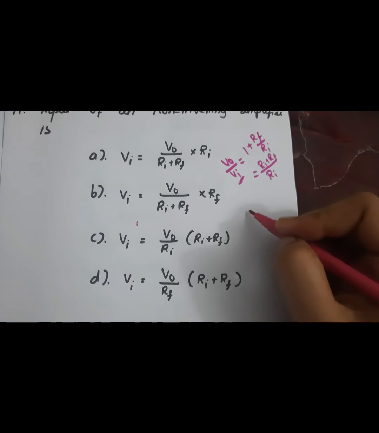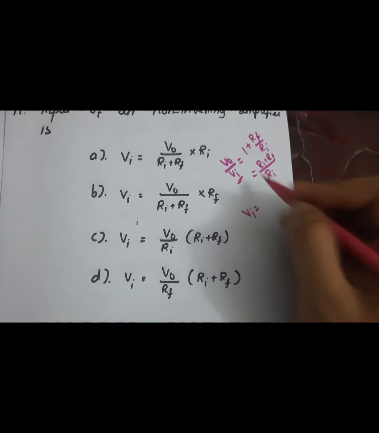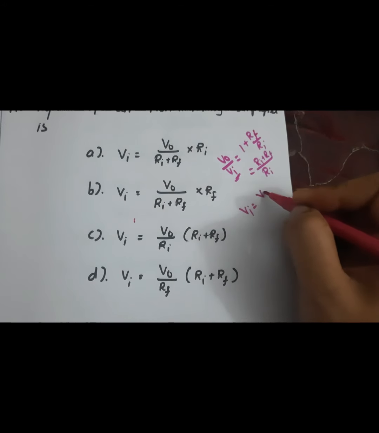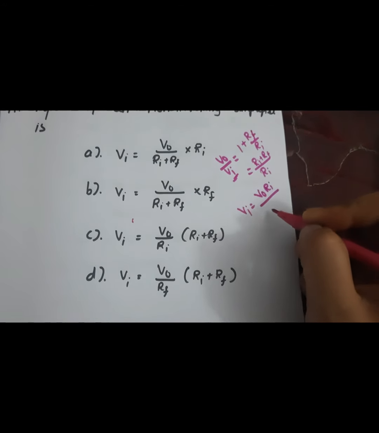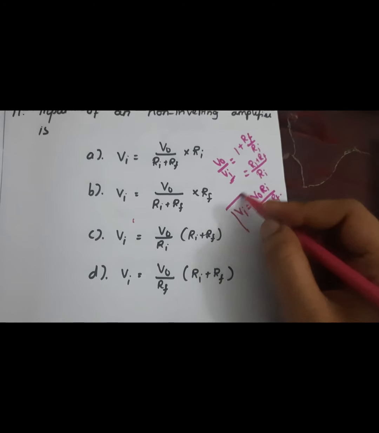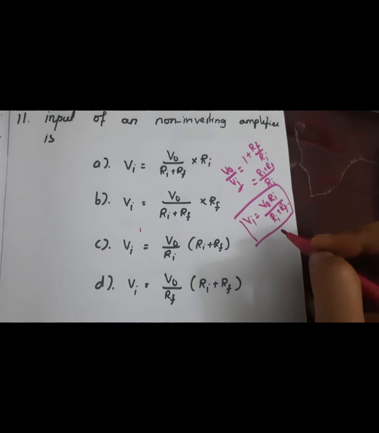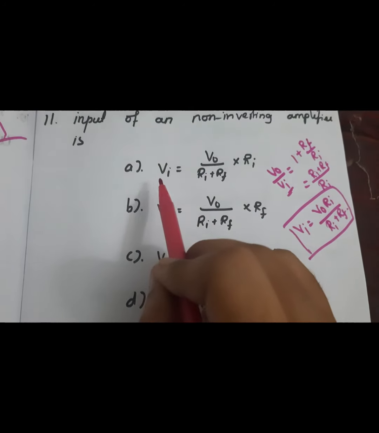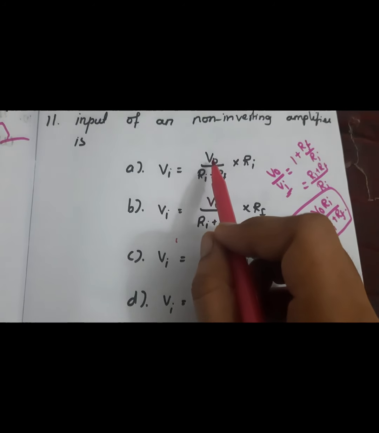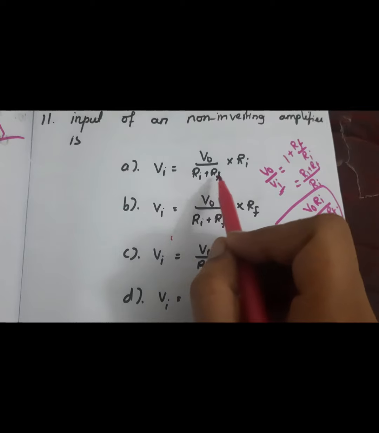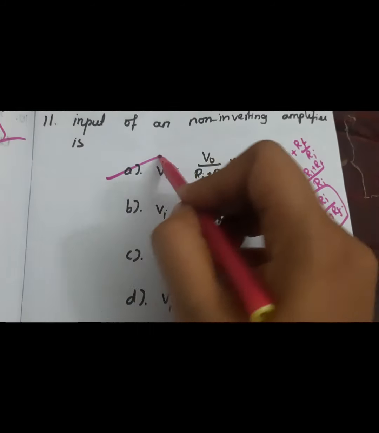If you want Vi, the cross product gives V naught Ri divided by Ri plus Rf. This is the expression for finding the input voltage of a non-inverting amplifier. So Vi, the input voltage, is equal to V out, the output voltage, into the input resistance divided by the sum of input and feedback resistance. So here the answer is A.